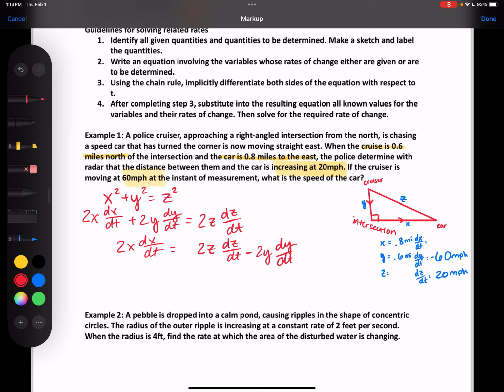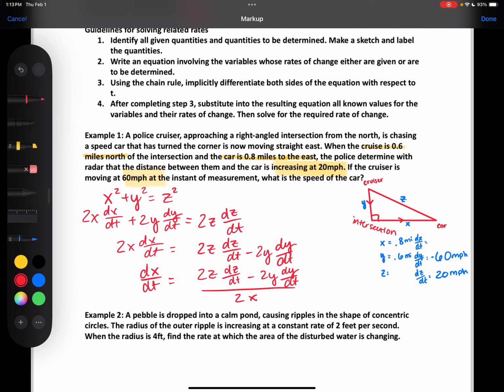So then, you're trying to get what by itself again? dx/dt. So divide by 2x. So, dx/dt is equal to 2z dz/dt minus 2y dy/dt, divided by 2x.